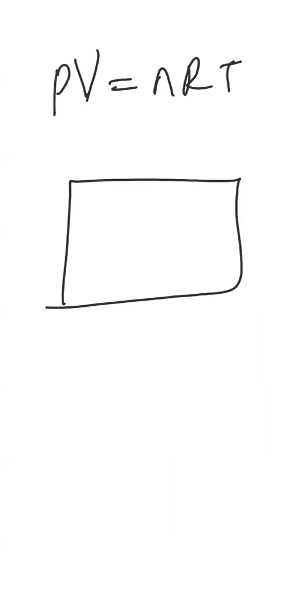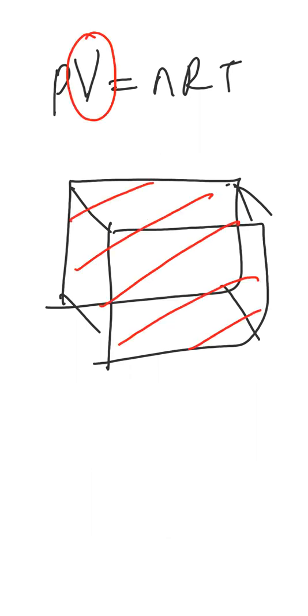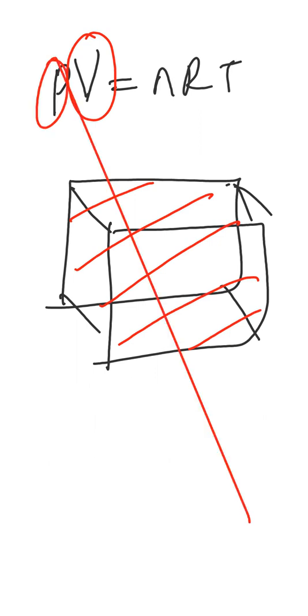Suppose there is a gas contained inside a container. Whatever the volume of the container, the gas will occupy that volume. Pressure is the force with which the gas is striking the container.